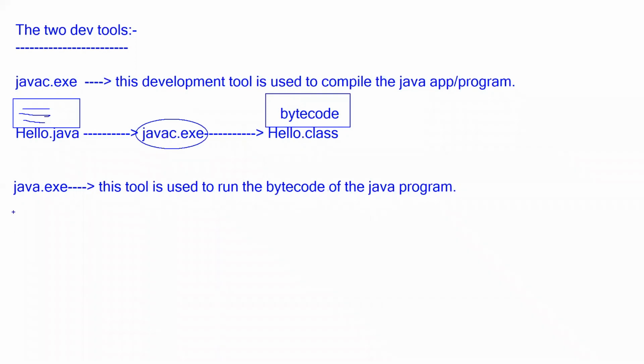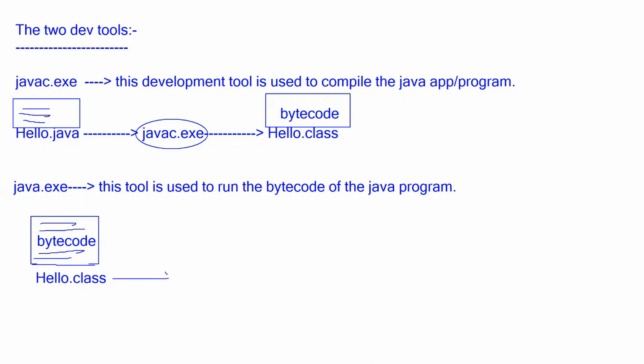This java.exe file will take the bytecode, nothing but the hello.class file, which contains bytecode.